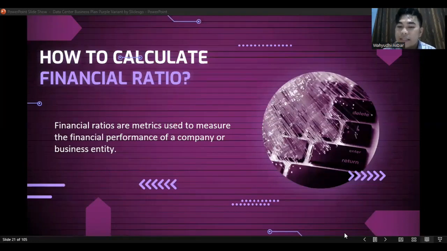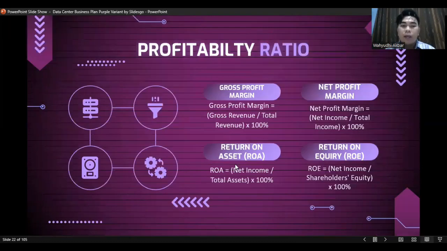Here are some commonly used financial ratio formulas. The first one, we have profitability ratio. In the profitability ratio, we have four formulas. The first one is gross profit margin. Gross profit margin equals gross revenue divided by total revenue times 100%.